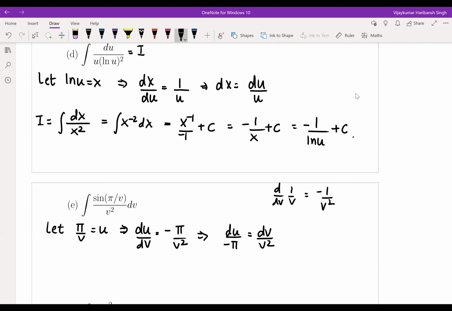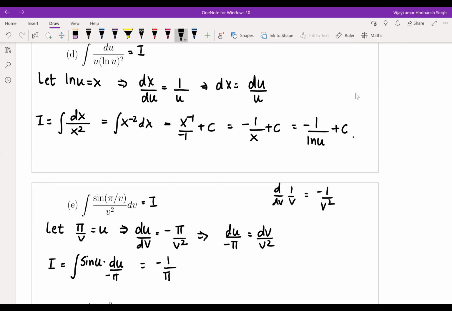So the integral, let me call this I. So I becomes the integral of sine u times du over minus pi. Now minus 1 by pi can come out. It's a constant.